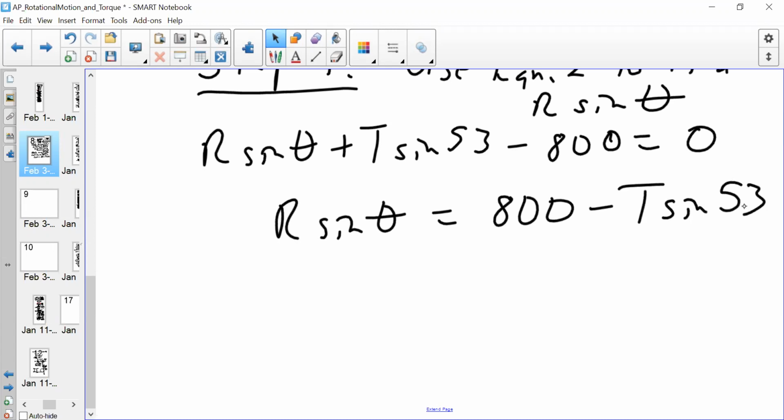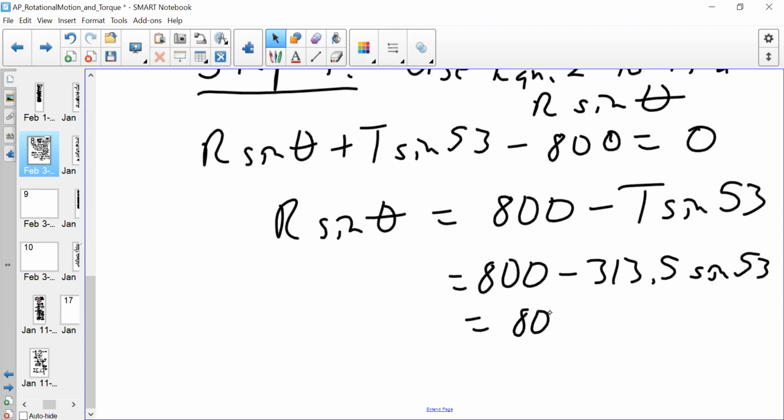We know what t is. (800 minus 250) gives me 550 newtons.